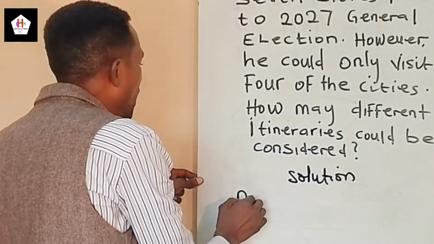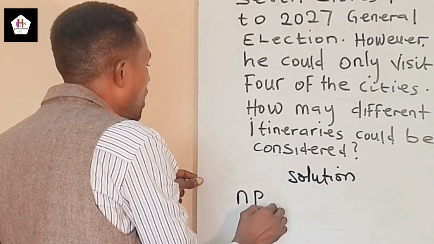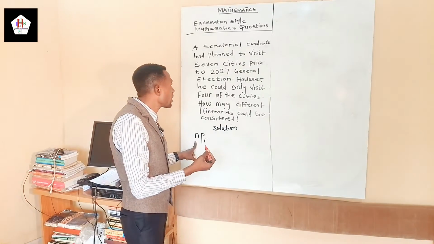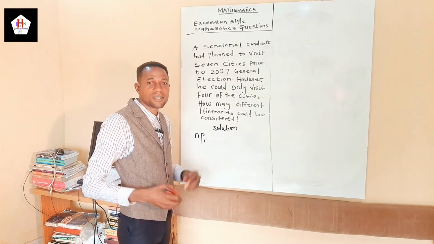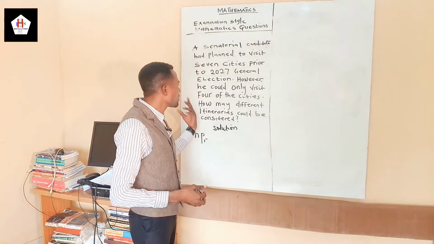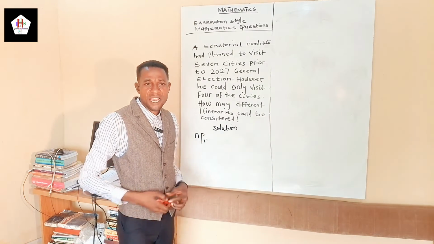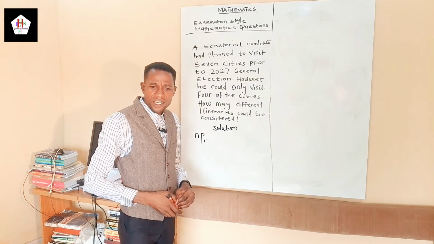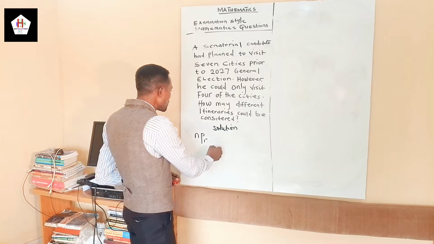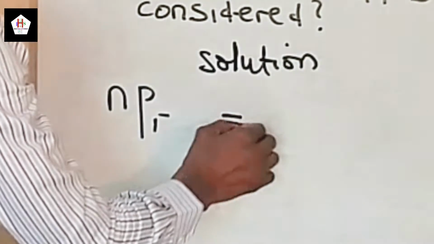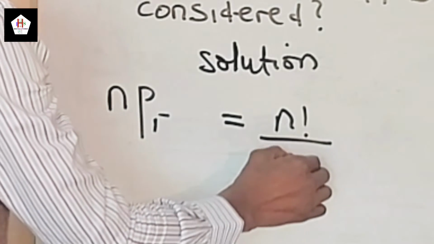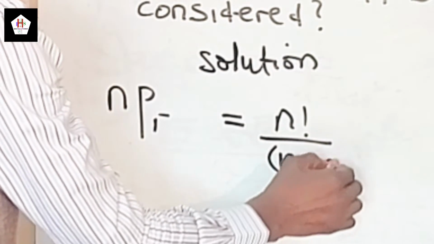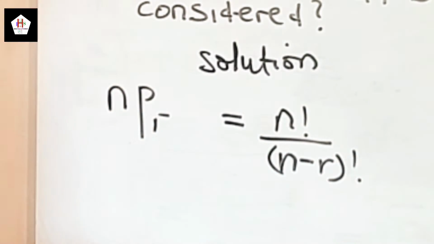We have our n permutation r. The n, I told us earlier, will represent our 7, which is the total number of cities he targeted, and 4 is the one he considered because of circumstances or other engagements. The formula is n factorial all over (n minus r) factorial.